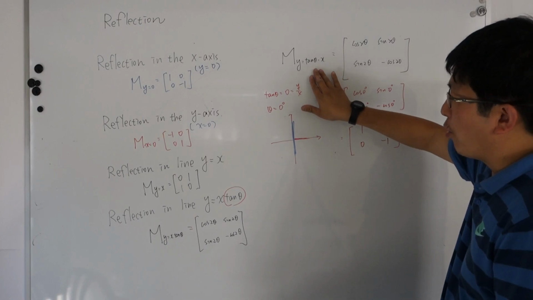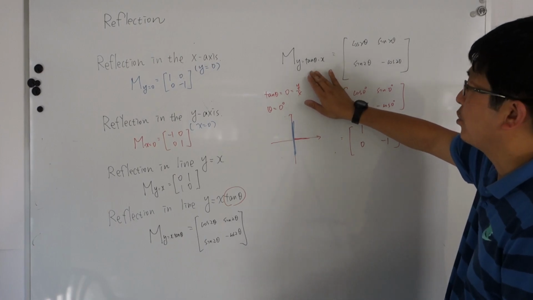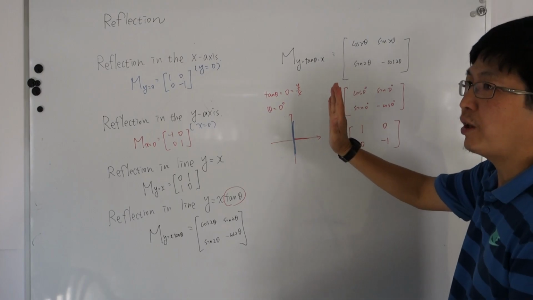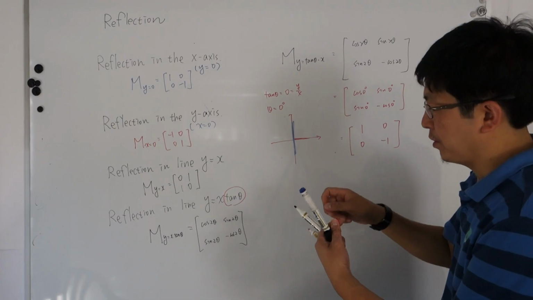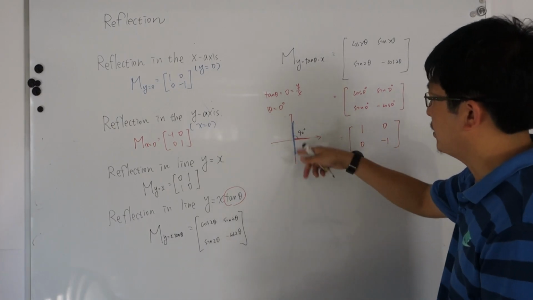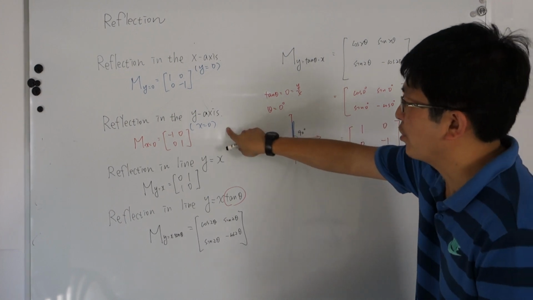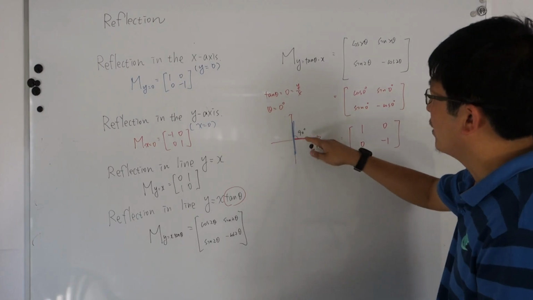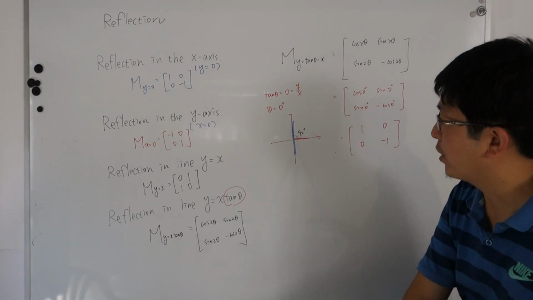This line is very special. You just remember when theta equals 90 degrees, tangent doesn't exist, right? X equals 0, the y-axis, means 90 degrees. So for reflection in the y-axis, theta equals 90 degrees, sub in. Theta equals 90 degrees sub in, what do we get?